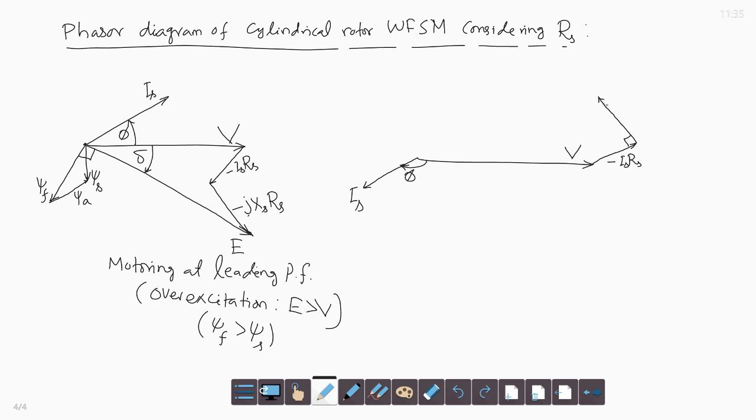This is minus armature synchronous reactance drop, minus j Xs into Is, and this is the induced EMF E at angle delta. So, this is for generating mode, at lagging power factor.